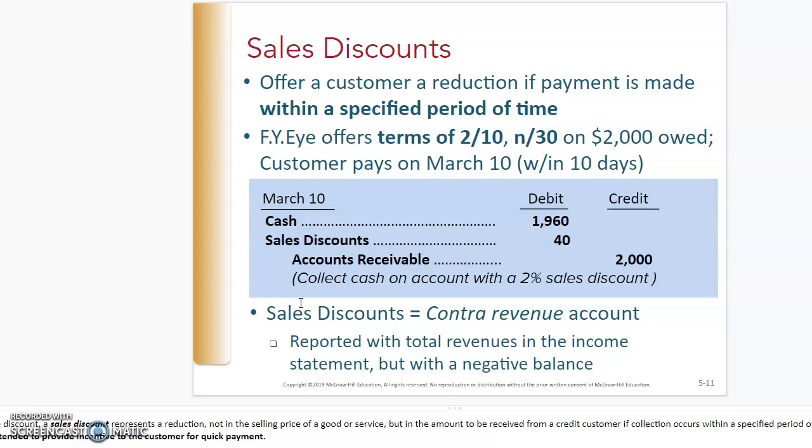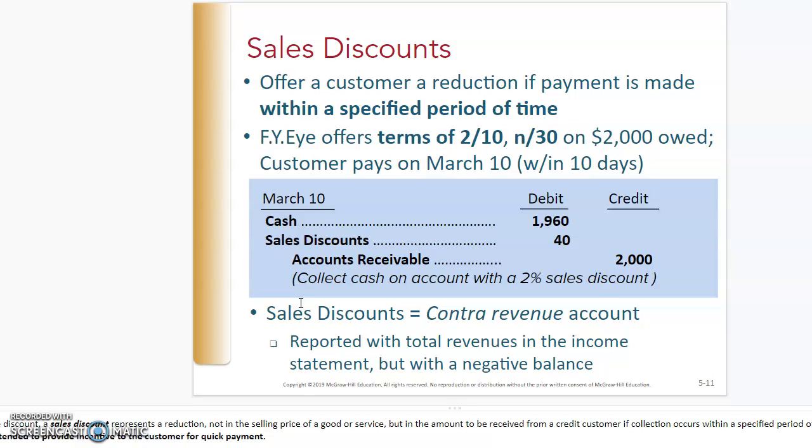What that means is if the customer pays within 10 days, that's the /10, they can take a 2% discount. Otherwise, the net, the amount that was originally owed, is due in 30 days. So if the customer pays within 10 days, they can take a discount of 2%.